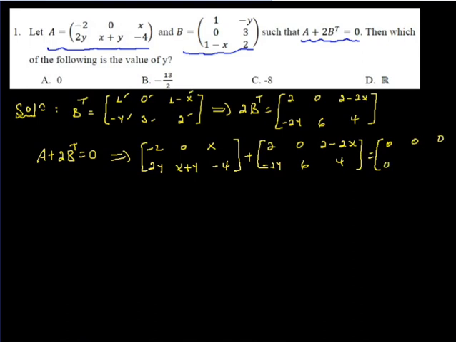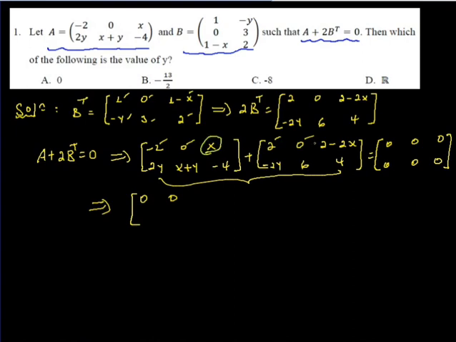Now let us add these two. Adding them, minus 2 will be added with 2, the result will be 0. Then 0 will be added with 0, still the result is 0. This x will be added with 2 minus 2x, so the result is 2 minus x.